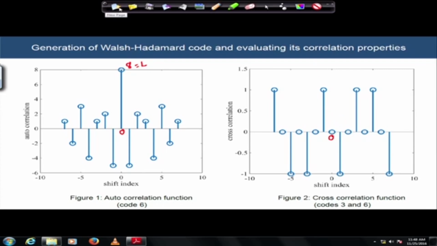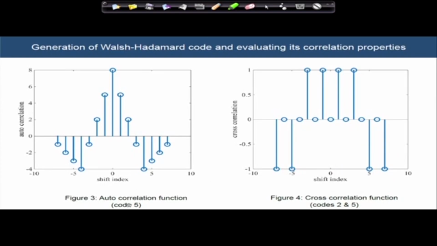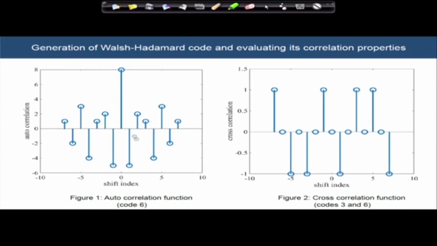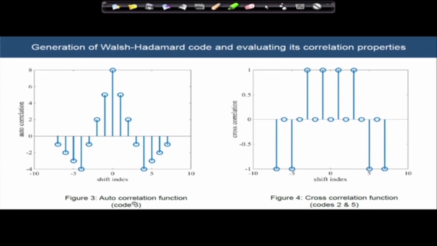So let me wind up by showing you another example wherein we change these codes. We see that the autocorrelation function for code number 5 looks something like this. Now let me go back to the previous slide: for code 6 it's different. So it's not necessary that all codes will have the same kind of autocorrelation function.